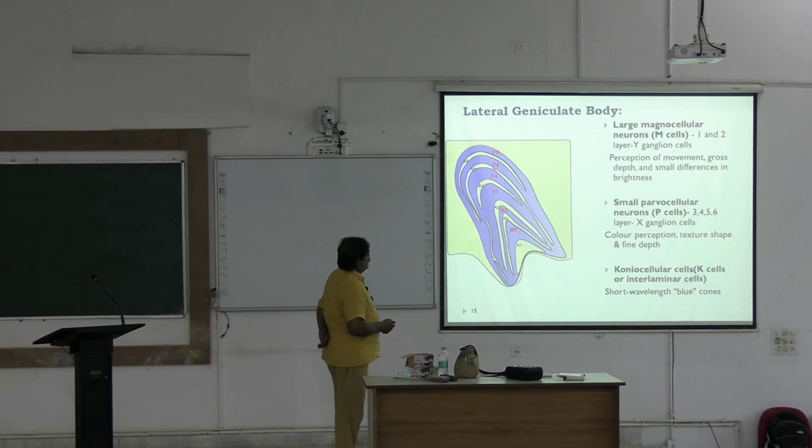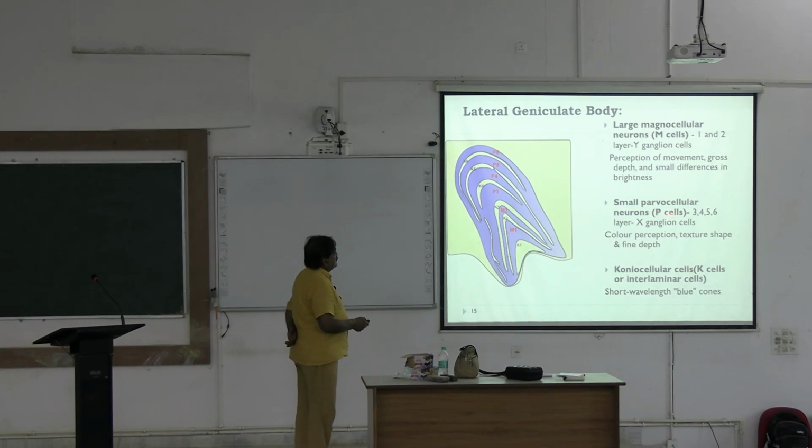Small parvocellular neurons, P cells, layers 3, 4, 5, 6, parvocellular neurons and X ganglion cells. Color perception, texture, shape and fine depth. Koniocellular cells, K cells or interlaminar cells.